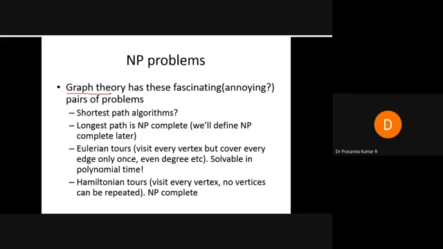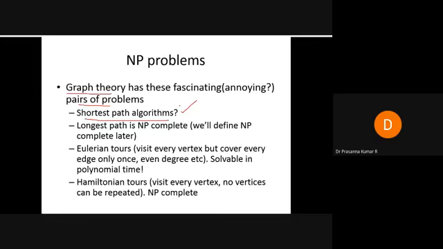This graph theory has some fascinating NP problems. One is the shortest path algorithm. Probably you might have studied this in your DAA, like the traveling salesman problem, to find the shortest path between cities so that the person starts from a place and again reaches his hometown, visiting all the places exactly once.